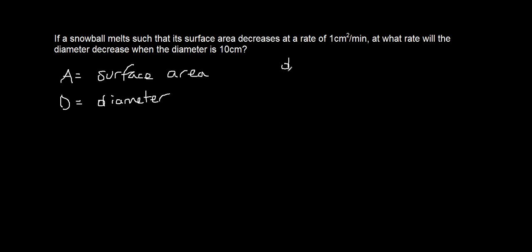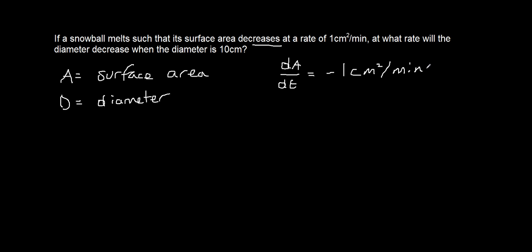You know that dA over dt is equal to 1 centimeter squared per minute, but it's decreasing at this rate, so it's going to be negative, right? The negative symbolizes that the value is decreasing. So -1, and you can choose to keep your units if you want, as long as you know what you're doing, you'll be fine.